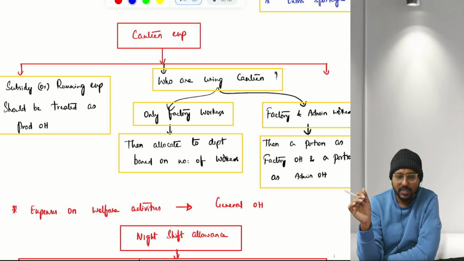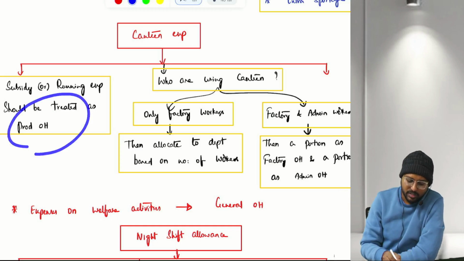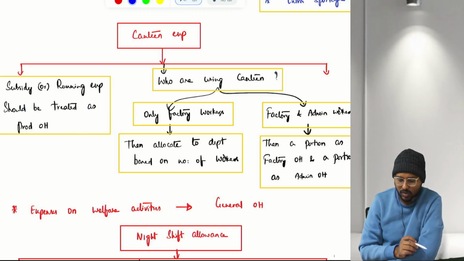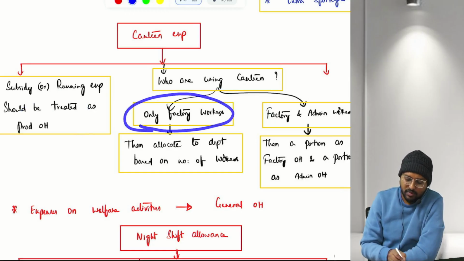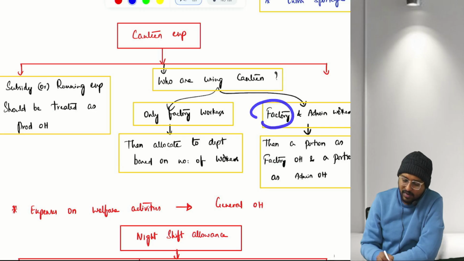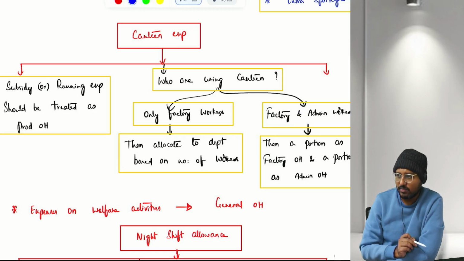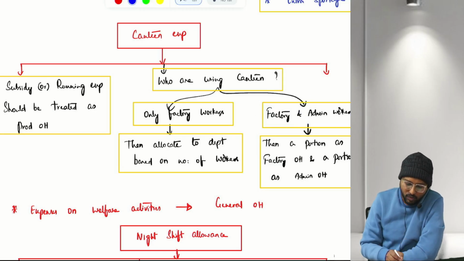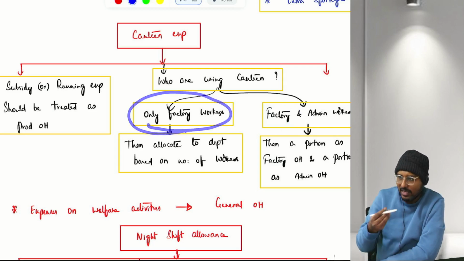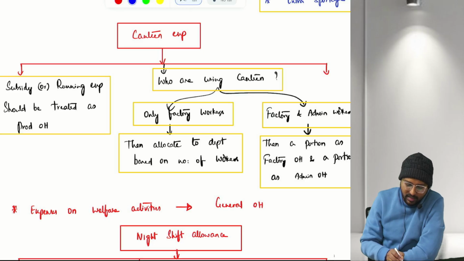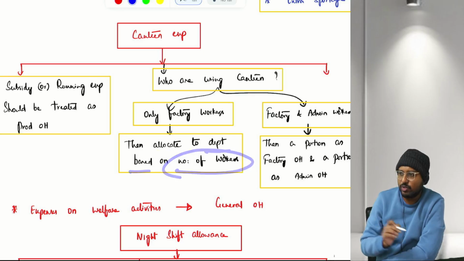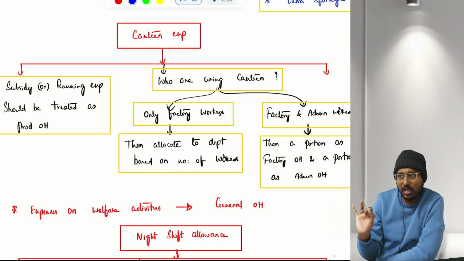Now the next question is, who is using your canteen? Is it only factory workers, or is it factory and administration workers? If only factory workers are eating in your canteen, then give that expense to the departments based on the number of workers, which means you allocate it based on workers, because only workers are eating.